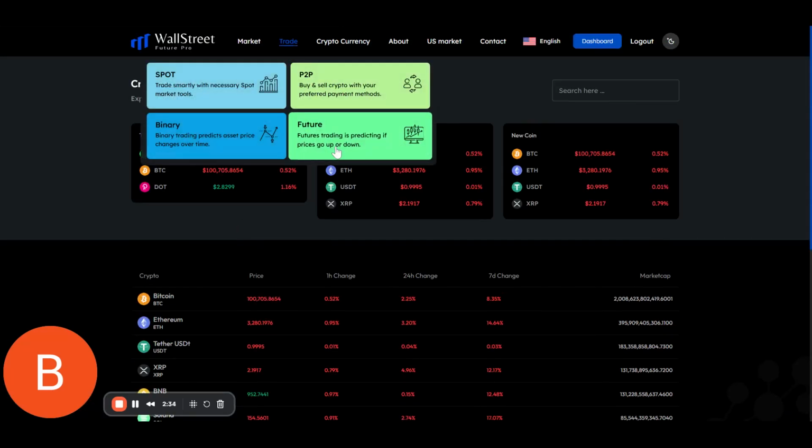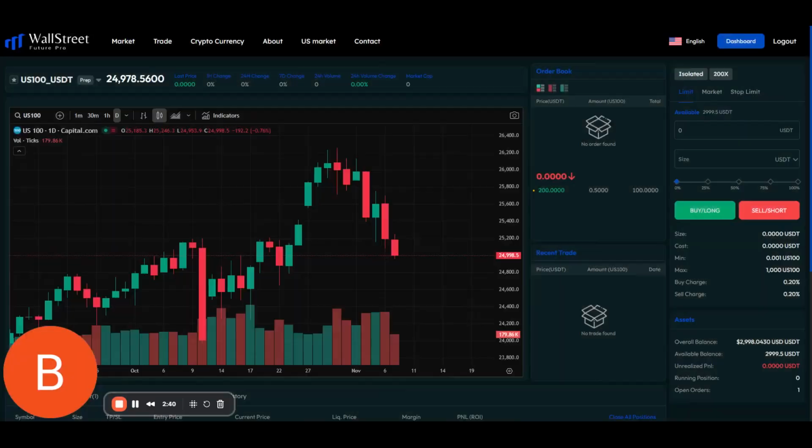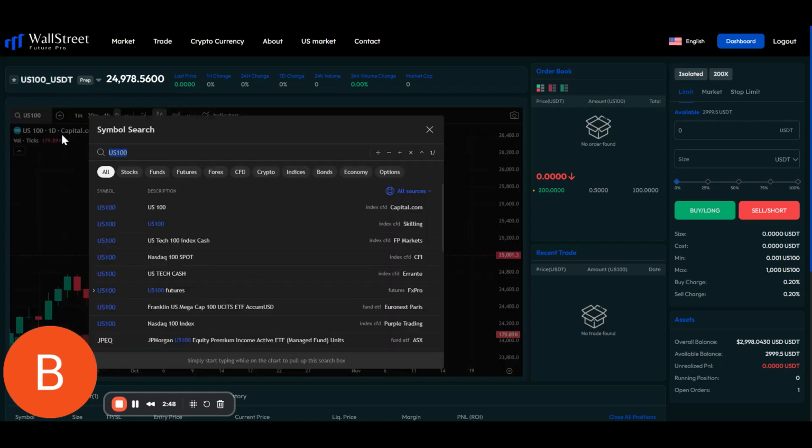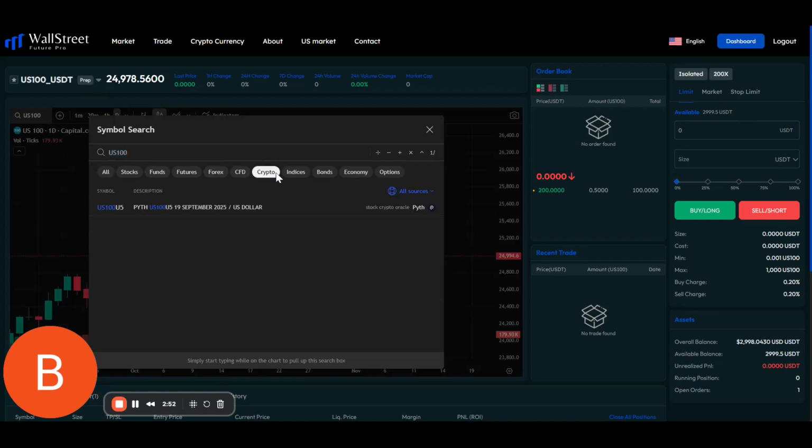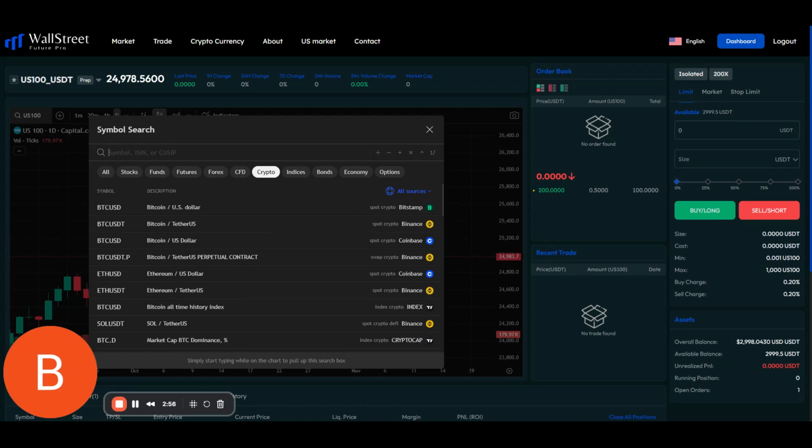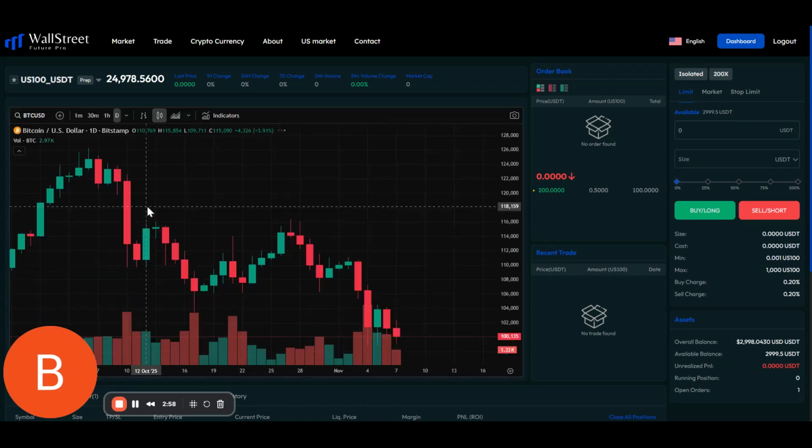So I will simply go to the future trade. Okay, so let me change the stock over here, and I would go to Bitcoin in USDT dollar. So here is the price of Bitcoin.